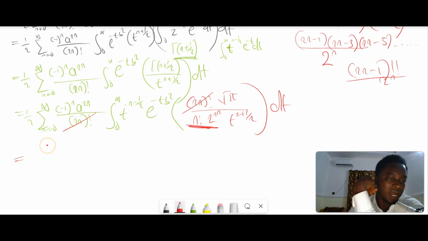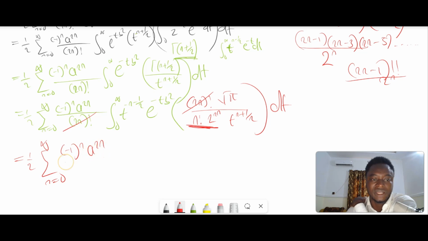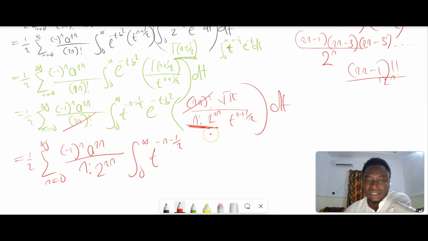So this is equal to half times the sum as n runs from 0 to infinity of what? You have a negative 1 to the n, so you have a to the 2n divided by n factorial 2 to the 2n. Then you have the integral from 0 to infinity of t to the negative n minus half, and then what again?